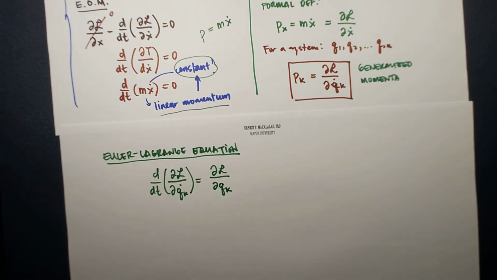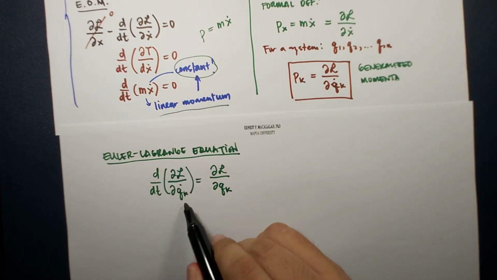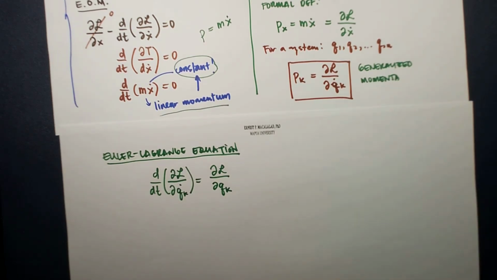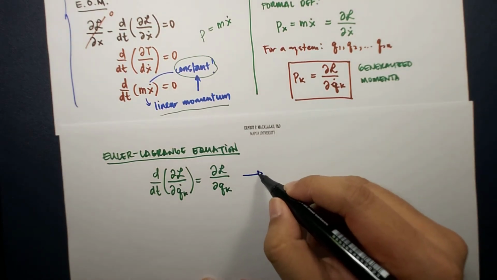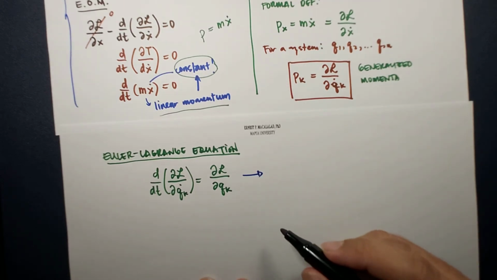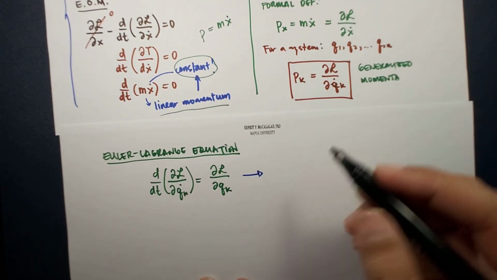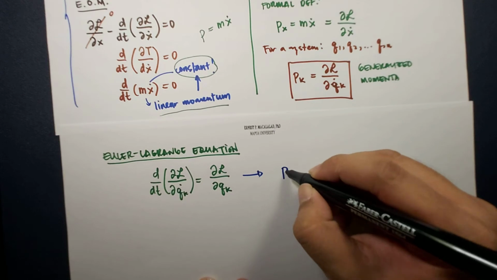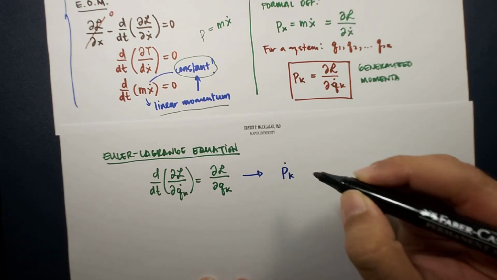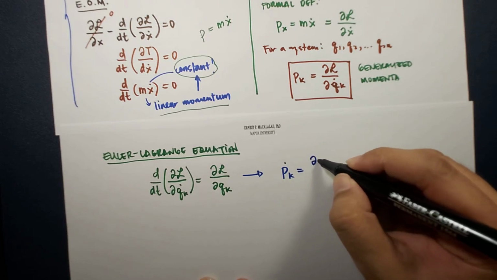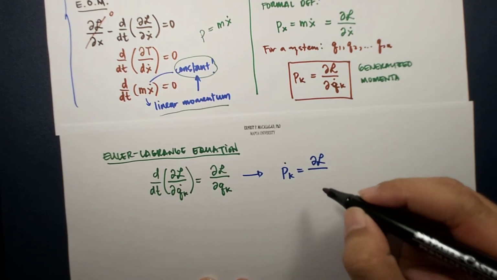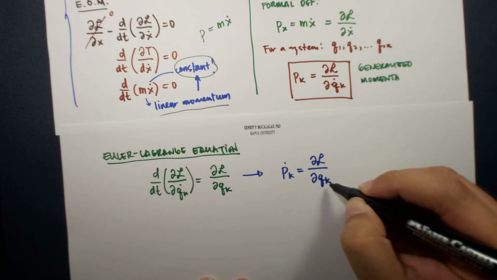Because we already found out that this quantity is your generalized momentum, the Euler-Lagrange equation can be rewritten in terms of the generalized momenta as p k dot, and that's equal to the partial derivative of L with respect to qk.